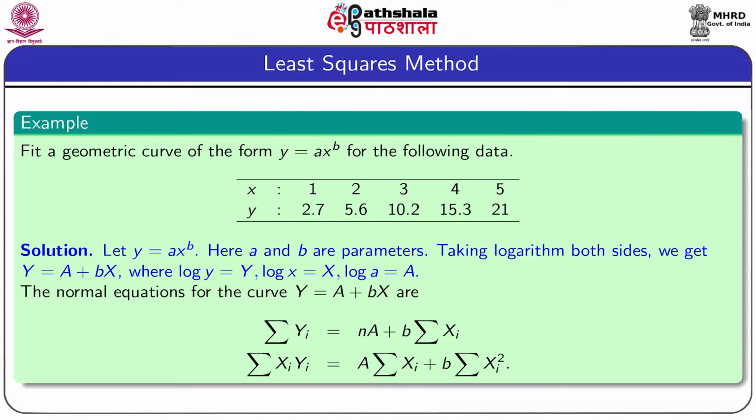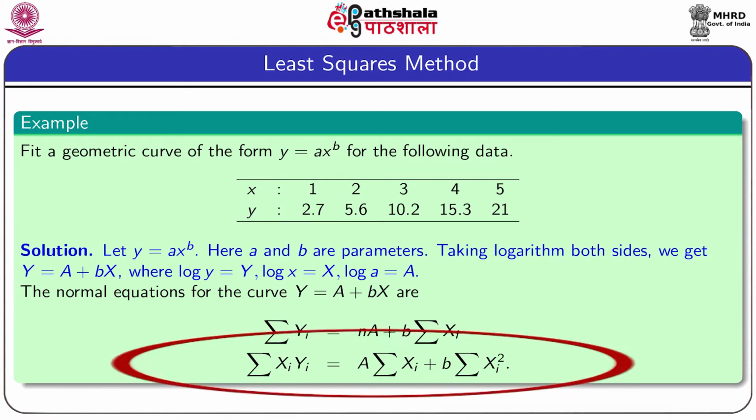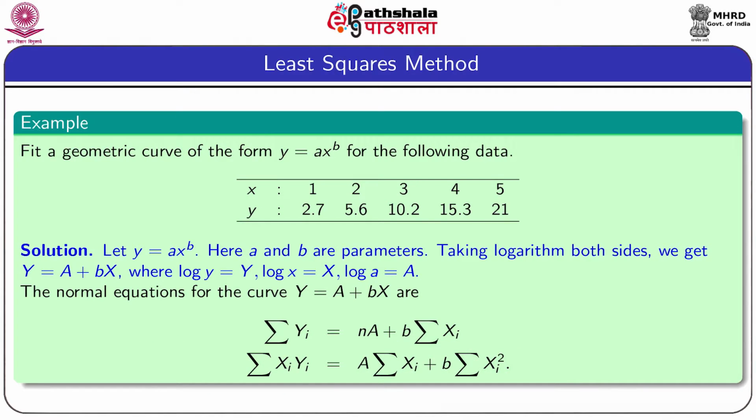The normal equations for the curve are summation capital Yi equal to n into capital A plus b into summation capital Xi, and the second normal equation is summation capital Xi into capital Yi equal to capital A into summation capital Xi plus b into summation capital Xi square.